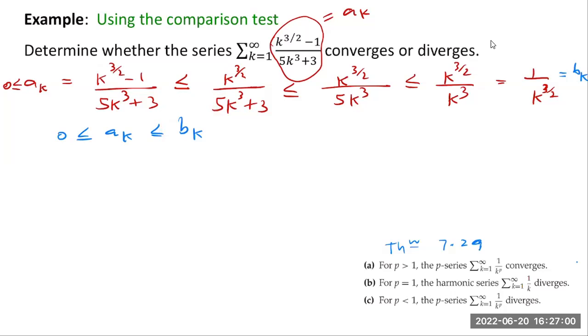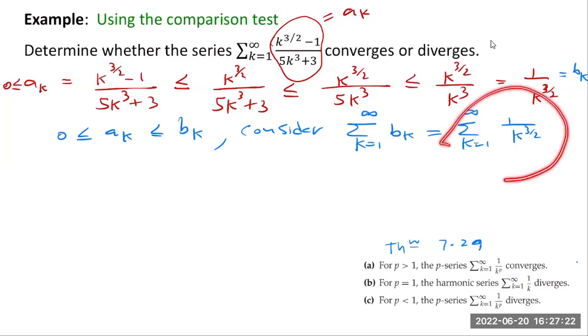Well, notice that BK, consider the sum k goes from 1 to infinity of BK. BK means k goes from 1 to infinity of 1 over k to the power 3 over 2, right? What do you know about the convergence of this series?